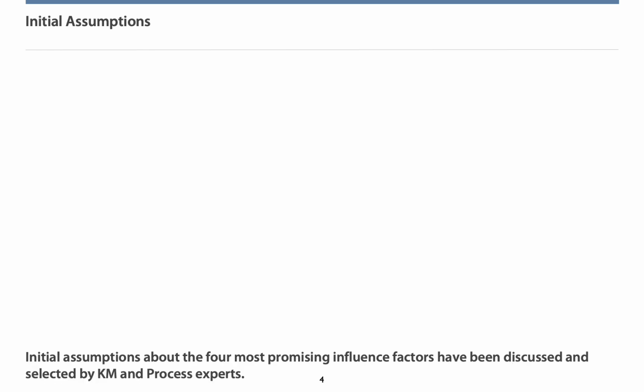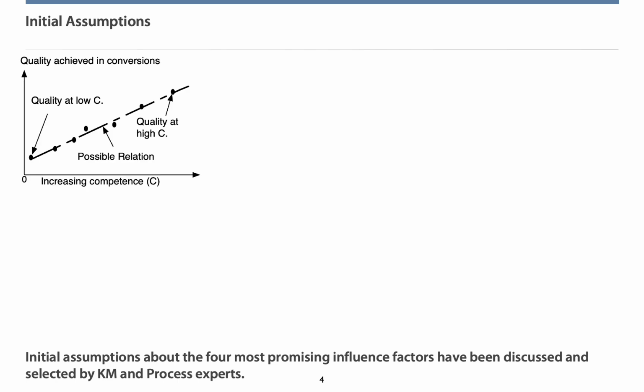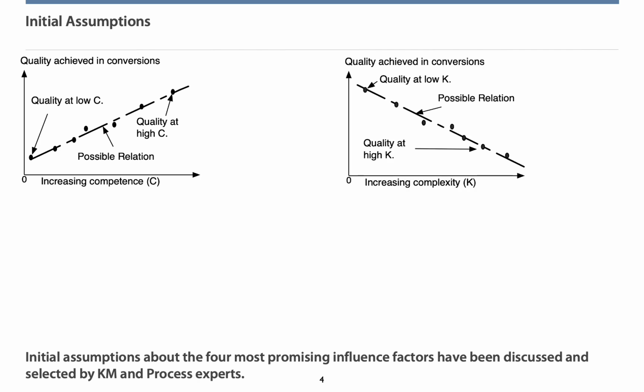Some initial assumptions we came up with are the following. First, the more competent I am, the higher the quality achieved in conversions. Second, the more complex a task is, the smaller the quality of its solution will be. Of course, we are speaking about time-limited situations.